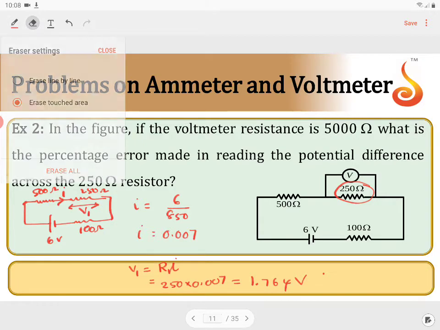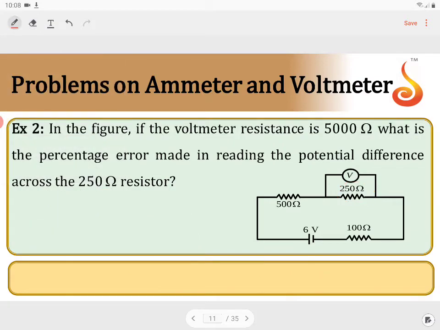Now when you connect the voltmeter, the real voltmeter will be regarded as a normal resistor. That is, 5000 ohm and 250 ohm are in parallel. So what is the effective resistance? The initial voltage is 1.764, this is V1.